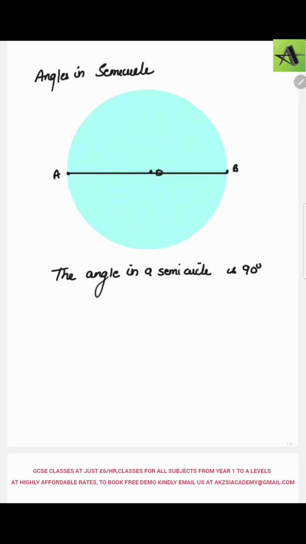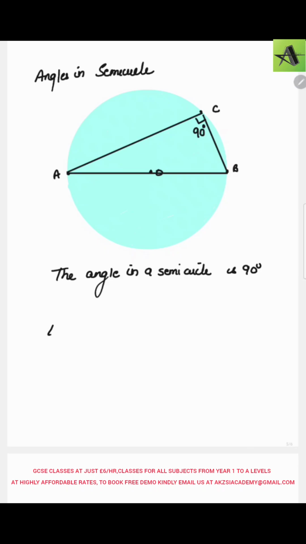So let's take any point, say C, and if we join like this, this angle is always going to be 90 degrees. And its proof is very simple.